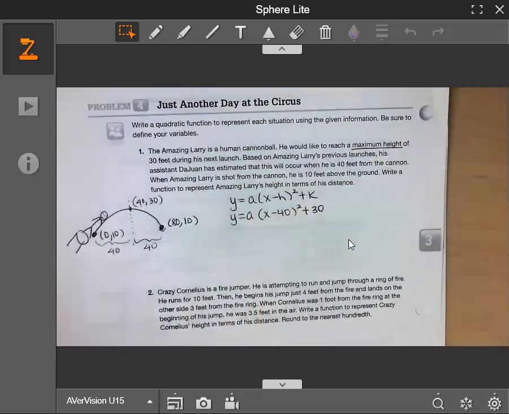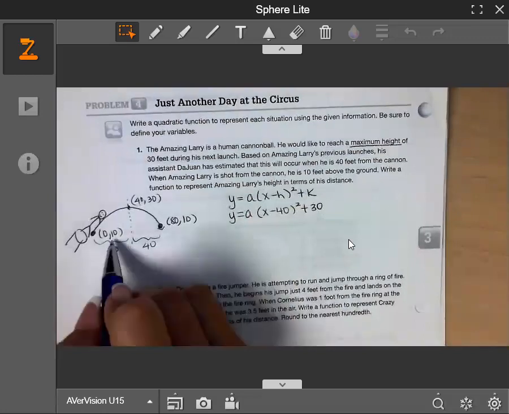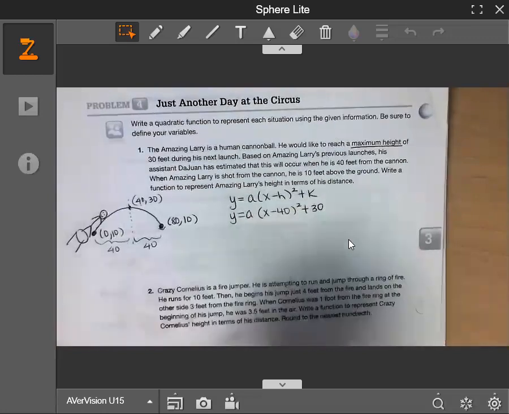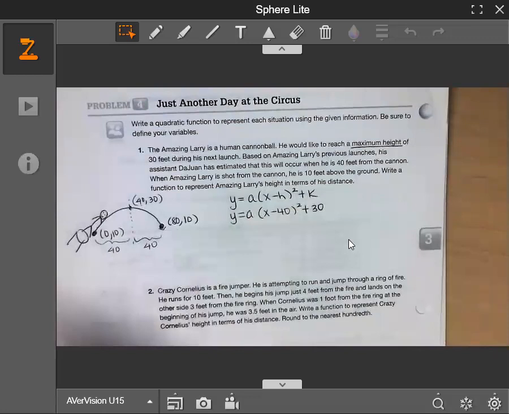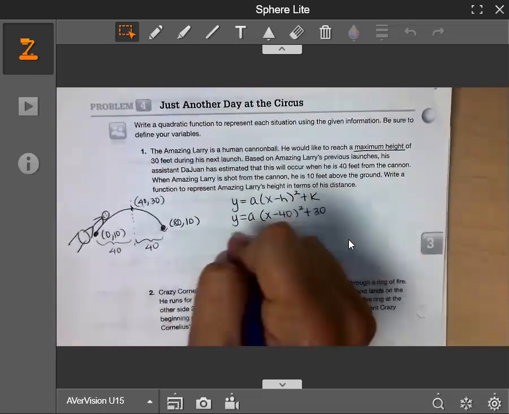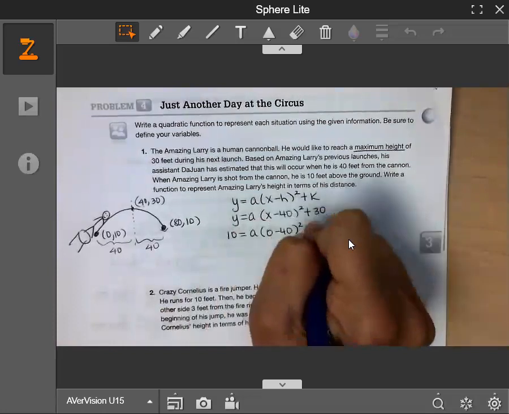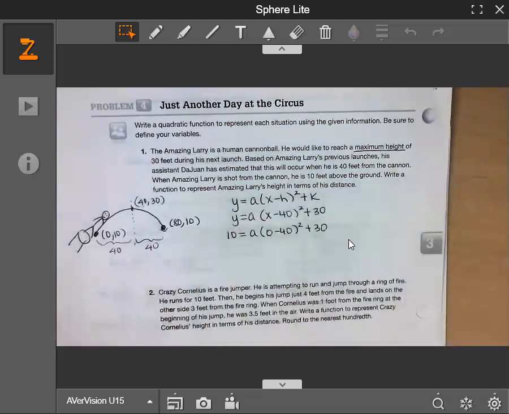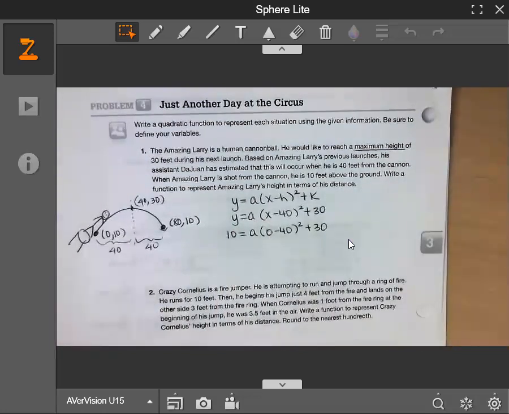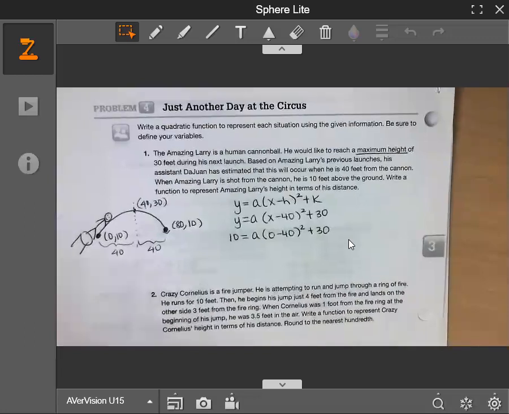To find that a value now, I want to use either one of these points. Any point on the graph is going to give you the same exact a value. So you can pick whichever one you want. I think this will be easier, so I'm going to go ahead and plug that in. I plug in 10 for my y and 0 for my x. And now we're ready to go with solving since there's only one variable there.